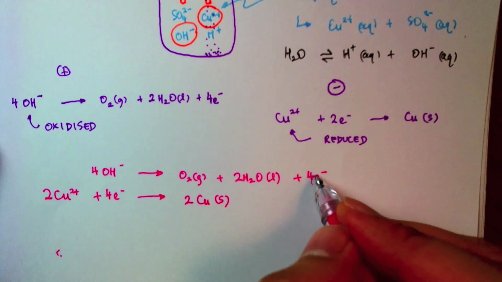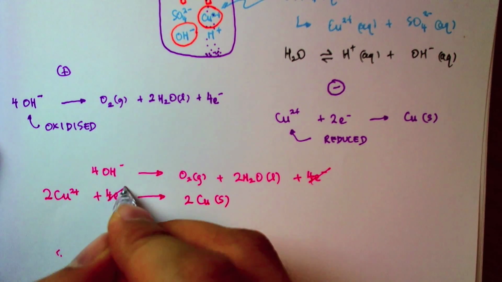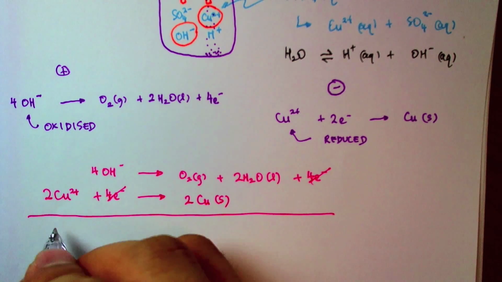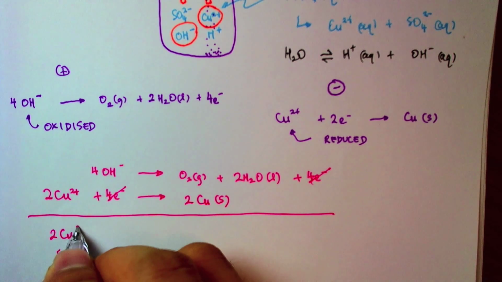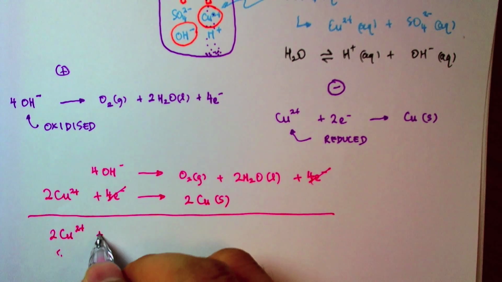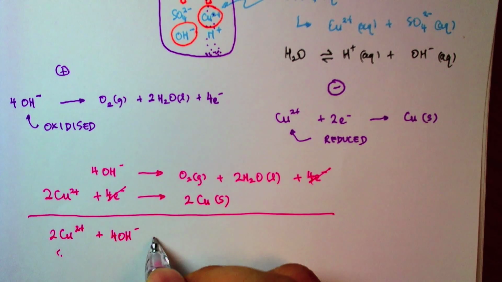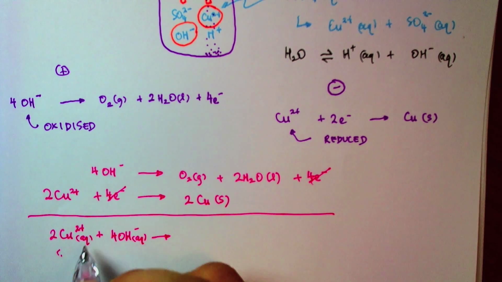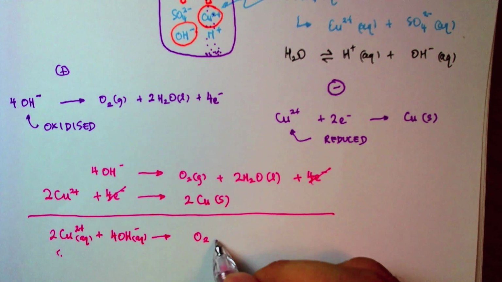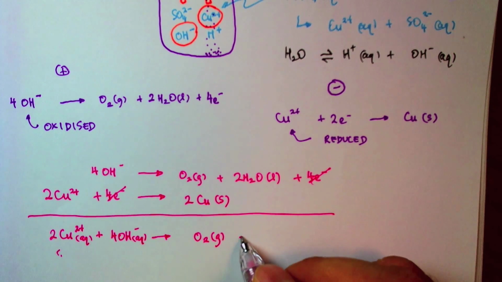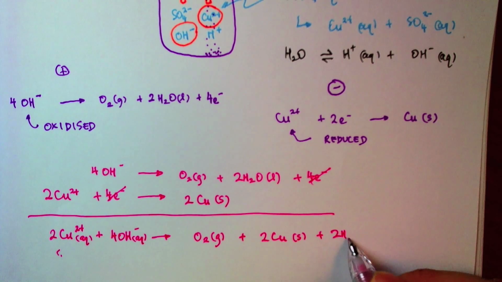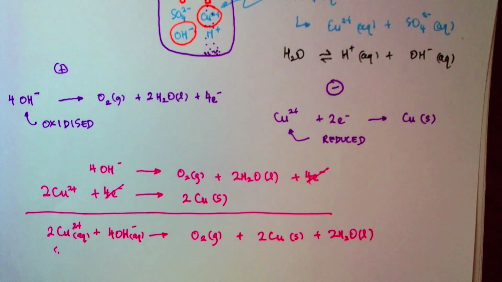So these 4 electrons cancel these 4 electrons, and so I can write my overall reaction, which is 2 copper ions and 4 hydroxide ions, aqueous, giving me oxygen gas, 2 copper solid, and 2 water liquid.